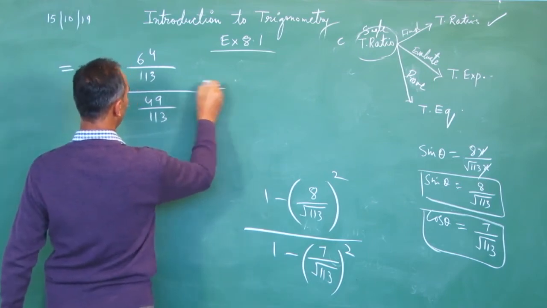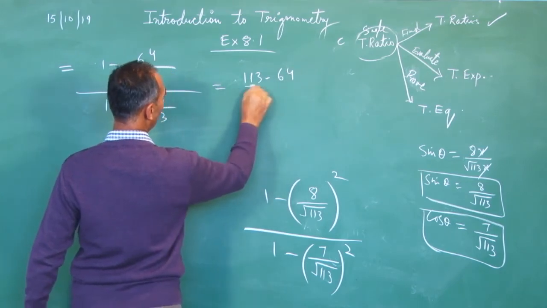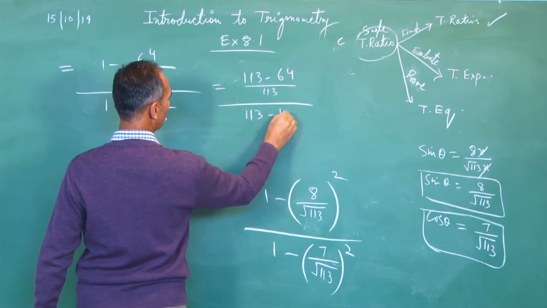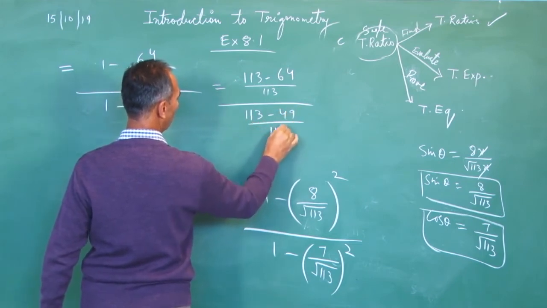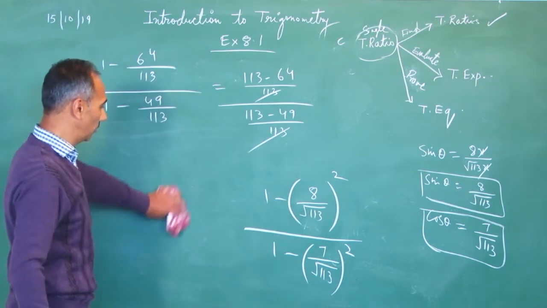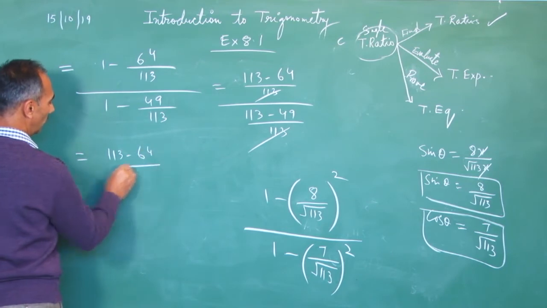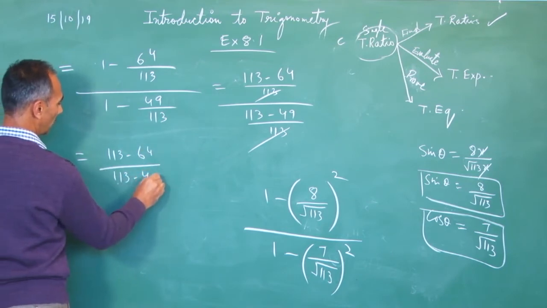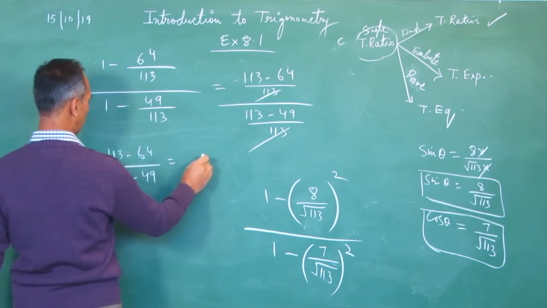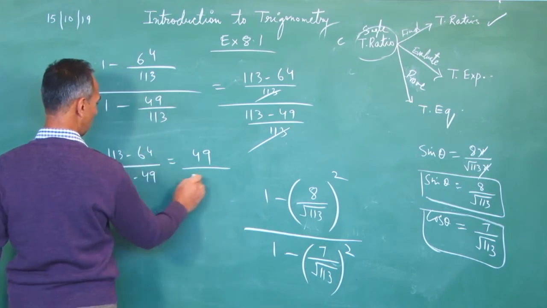Taking the LCM, this is 113 minus 64 whole upon 113 divided by 113 minus 49 by 113. This 113 will go with this. When you divide, you take the reciprocal. So you are left with 113 minus 64 upon 113 minus 49.